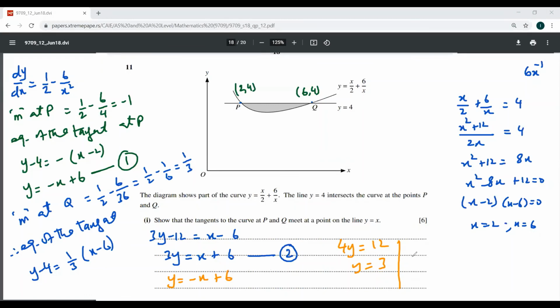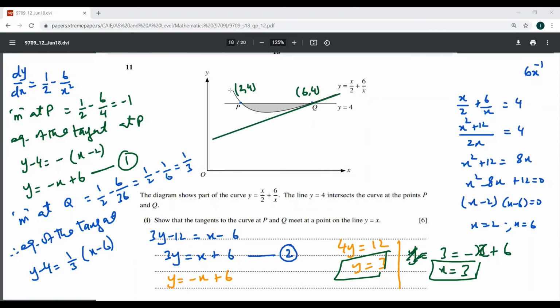So you have y equal to 3, so 3 equal to minus x plus 6. So your x is also 3. So this shows that both of these two tangents, if I could draw them, you will see that they are going to meet at the line y equal to x.